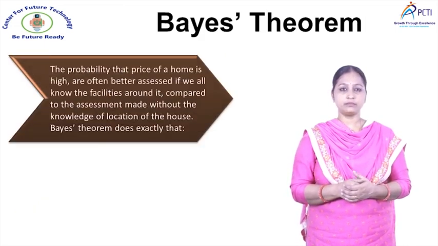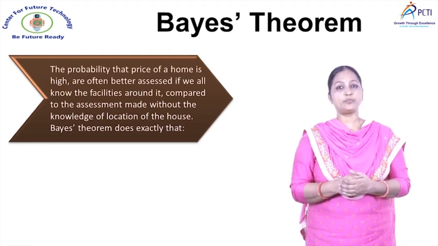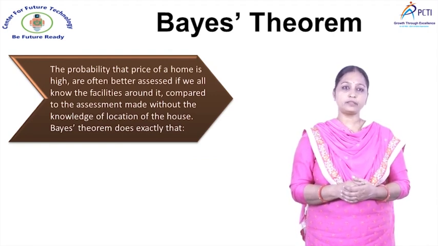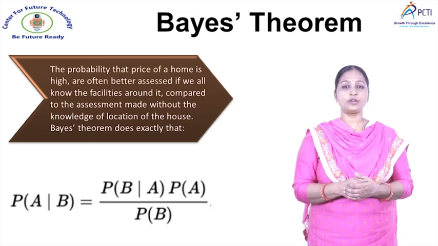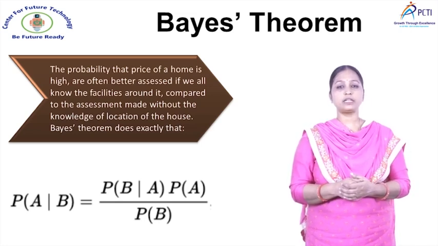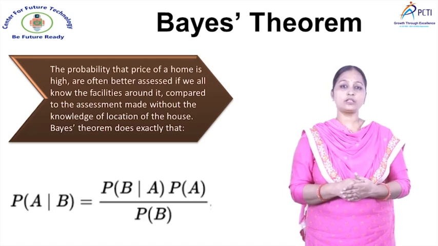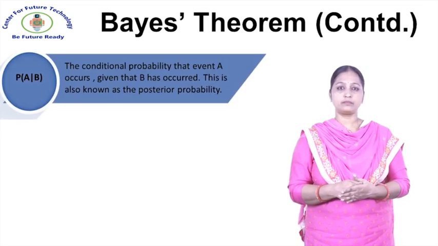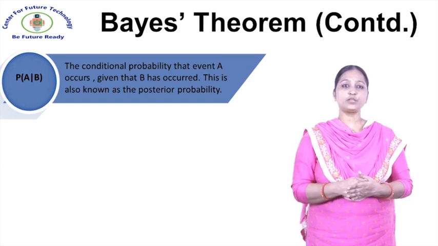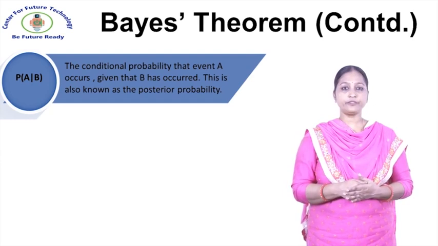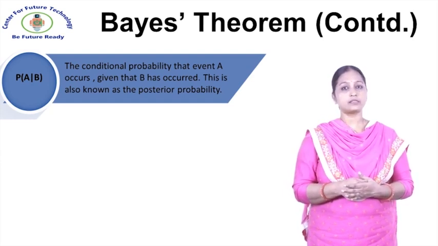Bayes' theorem. The probability that the price of a home is high can be better assessed if we know the facilities around it, compared to the assessment made without knowledge of the location of the house. In Bayes' theorem, P of A given B is the conditional probability that event A occurs given that B has occurred.